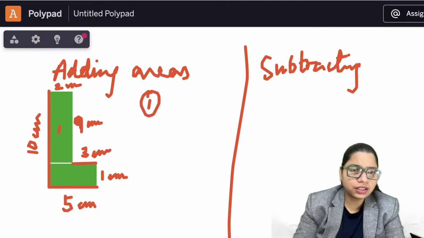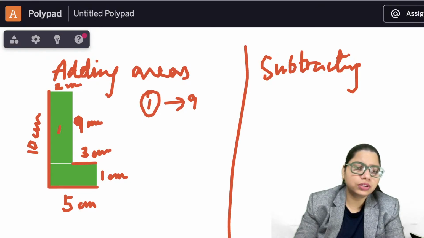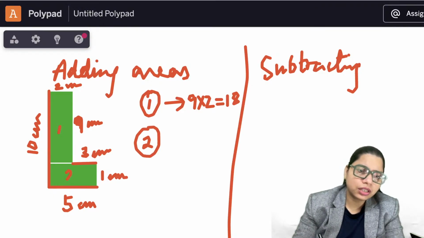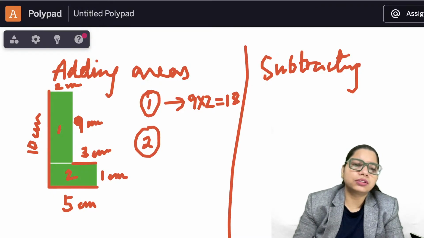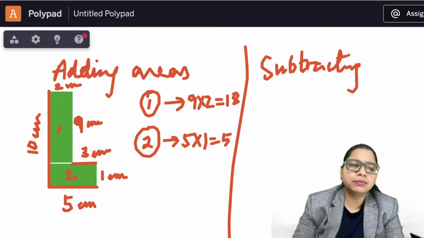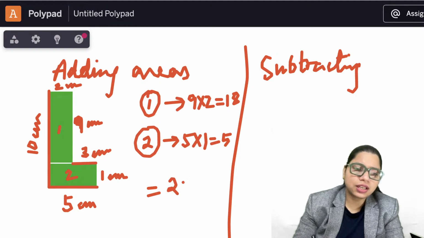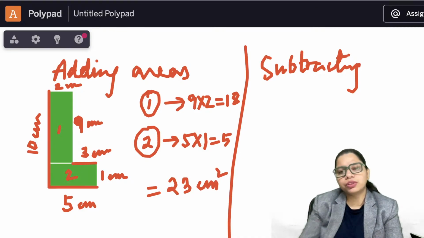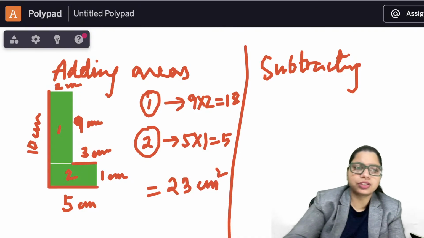So the first one gives us 9 times 2, that's 18 centimeters squared. And the second one is 5 times 1, that's 5. Adding them up is 23 square centimeters. Correct? This is how we find out the area of a rectilinear shape.